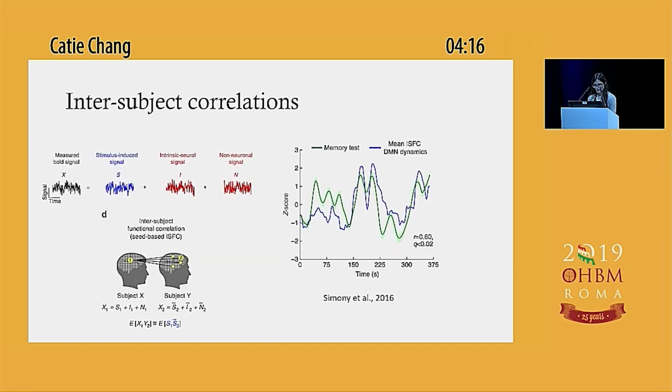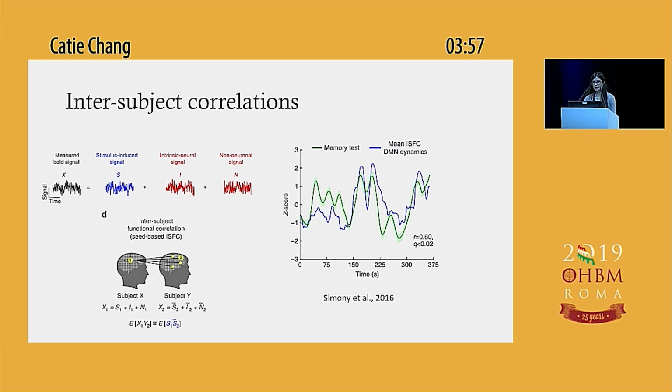And then one last method I'll mention here is this idea of intersubject correlations, which has also been emerging as a promising way of trying to probe signal components or functional connectivity that's related to specific neural processes or states linked to a common stimulus.